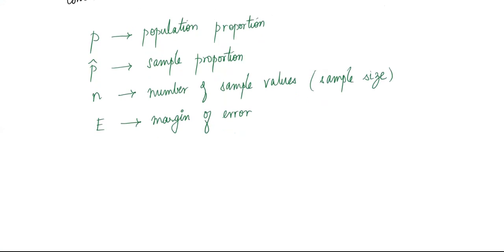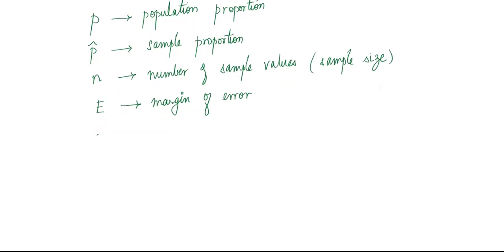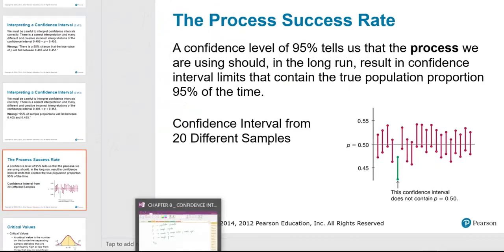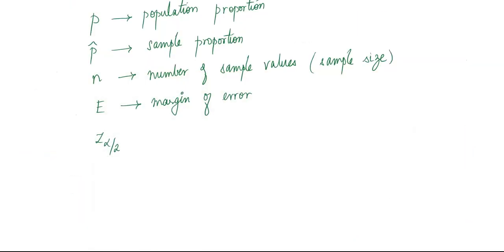For the purpose of uniformity, I'm going to just stick to P hat and E. If in your homework you find it as P prime and ME, please adapt to it. Z alpha over 2 is the critical value.